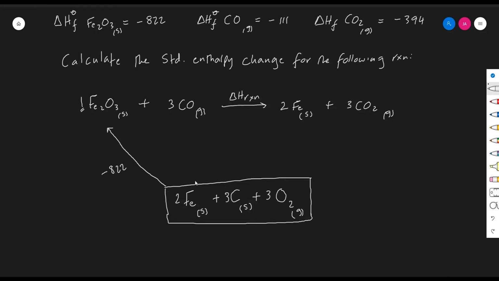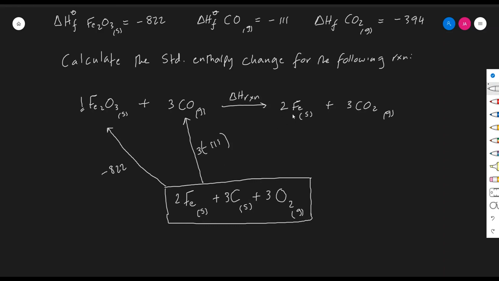On the other hand, I'm also given the enthalpy change of formation of CO from its elements per mole, but I have 3 moles here, and per mole it's negative 111. Therefore, I would multiply this value by 3. So it's negative 111 multiplied by 3. This represents this arrow here. I do not have an arrow to form Fe solid from 2Fe solid.